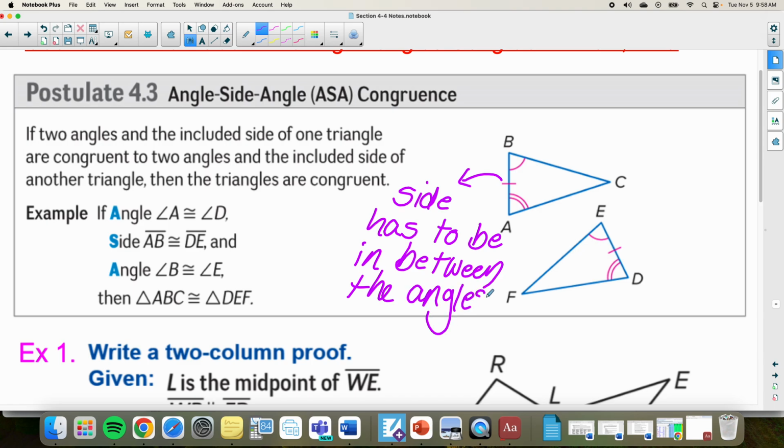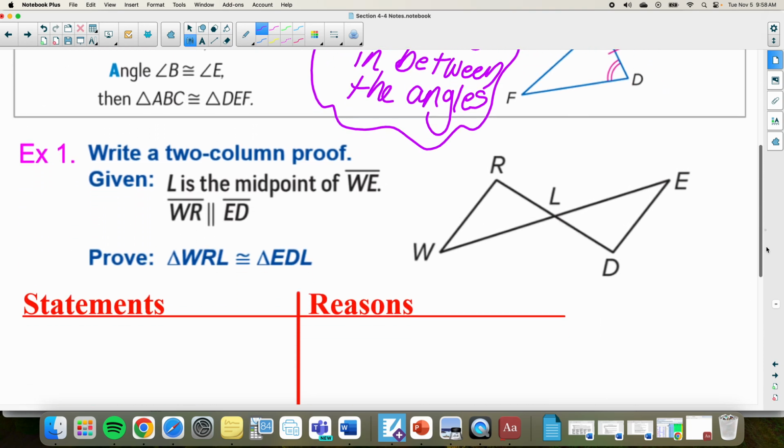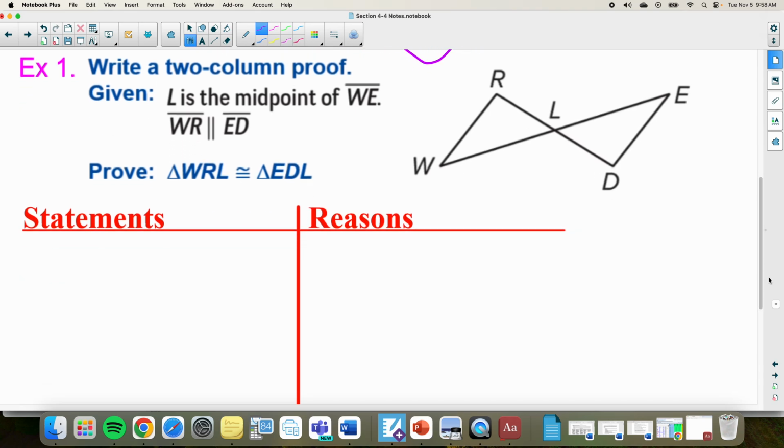Okay, so when you're doing this, the side has to be right in between the two angles. And then what it is, angle, side, angle. Okay? So if I go down here, we're gonna try to do a proof.